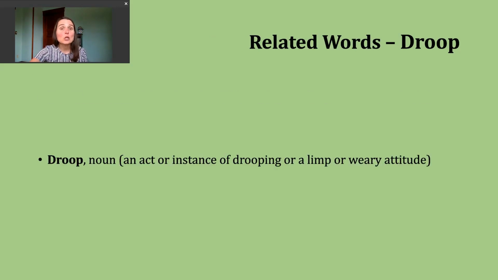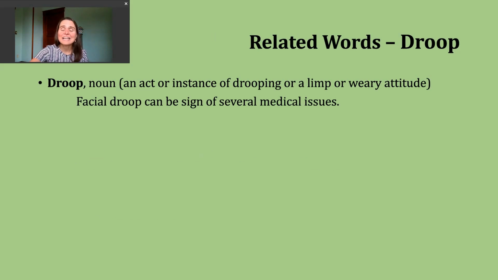Now let's spend a moment looking at some words that are related to our verb droop. And the first word we're going to look at is the noun form of this word. So this can be any act or instance of drooping. It could also refer to kind of a limp, a negative, a tired sort of attitude.